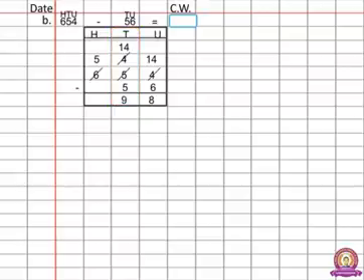Lastly is the hundreds column. We do not have any other number except 5 in the hundreds column. So, we will write the number 5 as it is. Therefore, 654 minus 56 is equal to 598. Write the answer in figures and words.